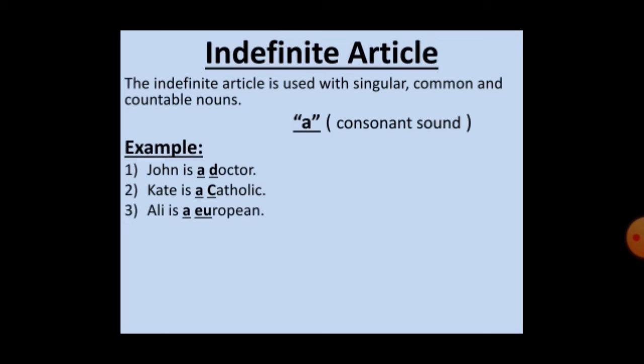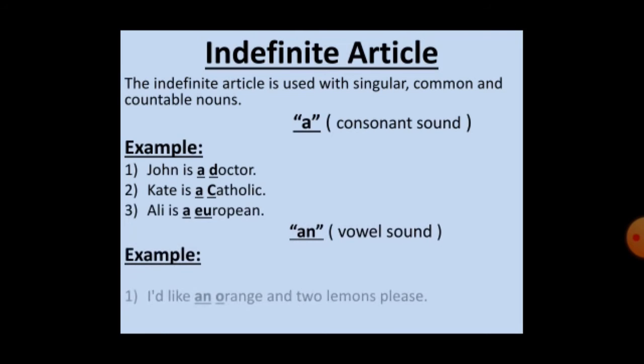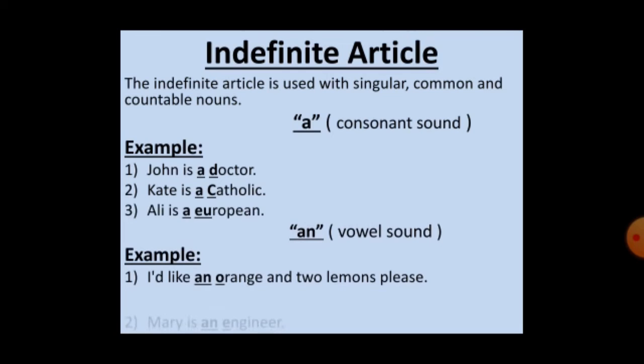That's why A has been put up here. And here comes another vowel, and it is used when a vowel sound is generated. For example, I would like an orange, Mary is an engineer, and he waited for an hour.